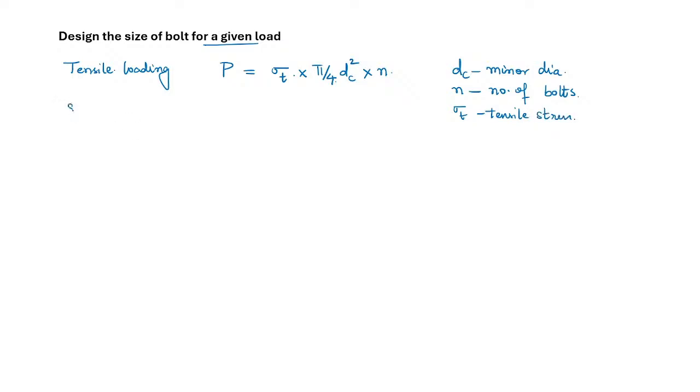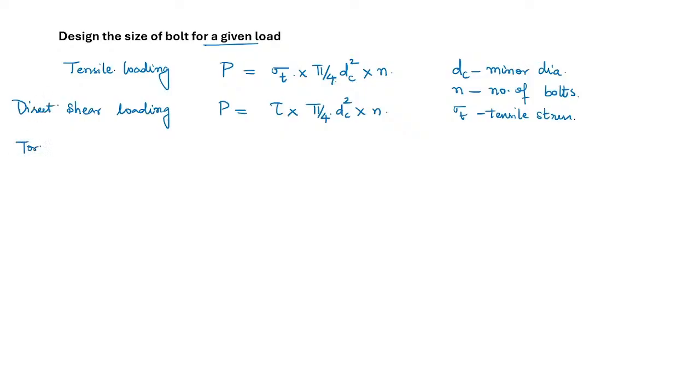In the same way, even for shear loading, the formula can be duplicated just by replacing sigma T with tau, that is, pi by 4 times dc square into N. Even the bolts are subjected to direct shear. This is for direct shear.